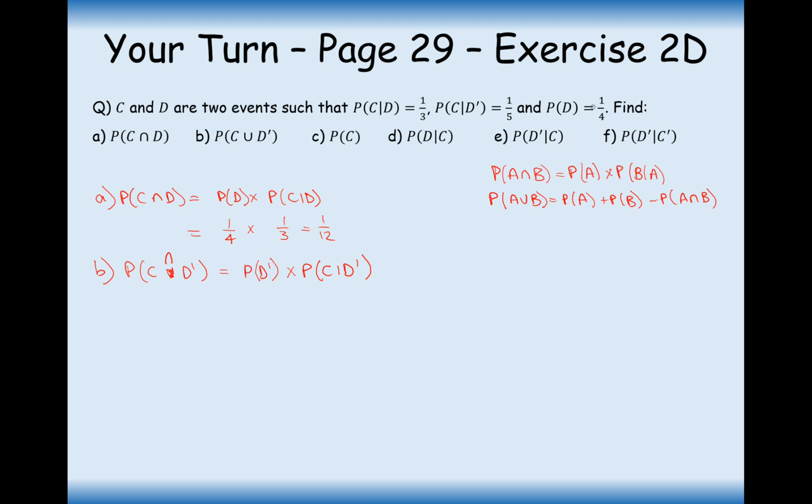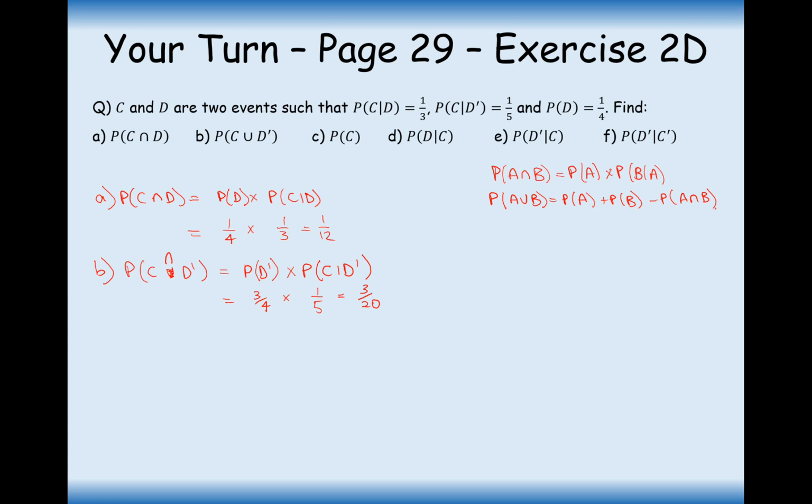Now, if I know the probability of D is a quarter, I know the probability of not D is 3/4. And then the probability of C given that D is not true, I'm given here as 1/5. So I've now got here, this is 3/20.